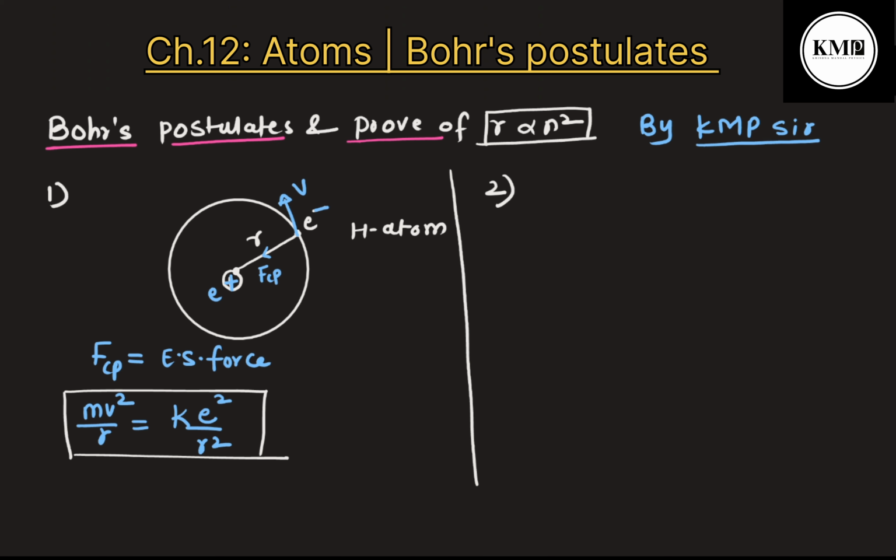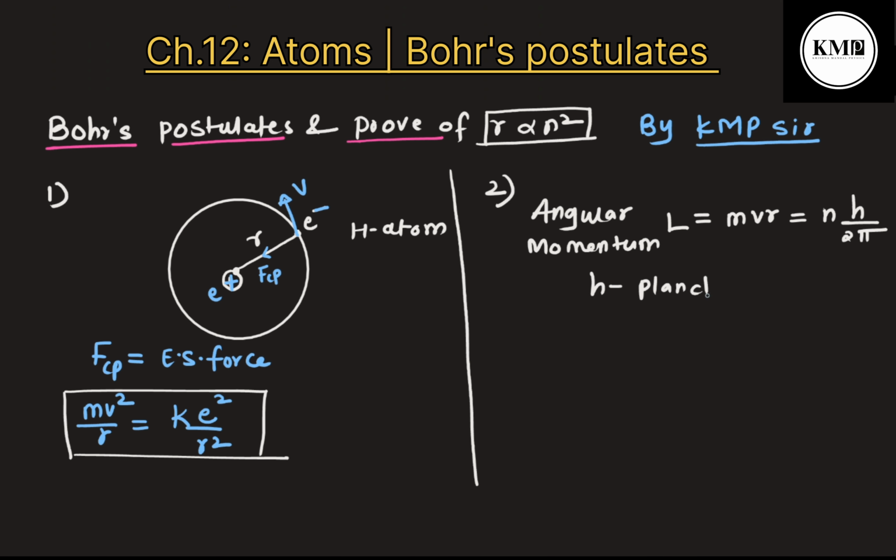It states that electrons revolve around the nucleus only in those orbits whose angular momentum, which is L, and angular momentum we know the formula mvr, is equal to an integral multiple of h upon 2 pi, that is nh upon 2 pi, where h is Planck's constant, whose value is 6.63 into 10 raised to minus 34 joule second.